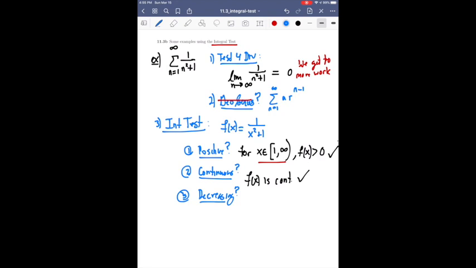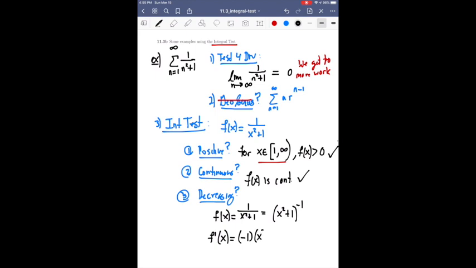And remember, there's a couple different ways we can try to show a function's decreasing. We could do an algebraic route, or in this case, let's try to take the derivative to flex some of our Calc A muscles. So if we rewrite our function, f of x is equal to 1 over x squared plus 1, we could rewrite this as the quantity x squared plus 1, all raised to the minus 1 power. Now if we take the derivative, we get a minus 1 coming down from the power.